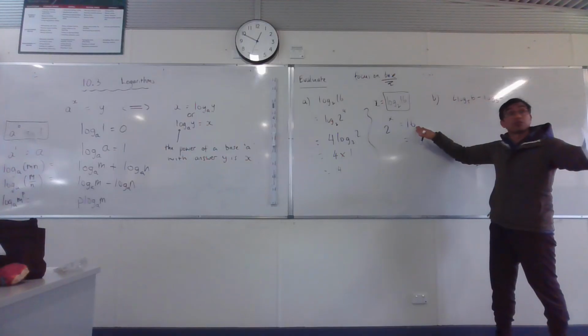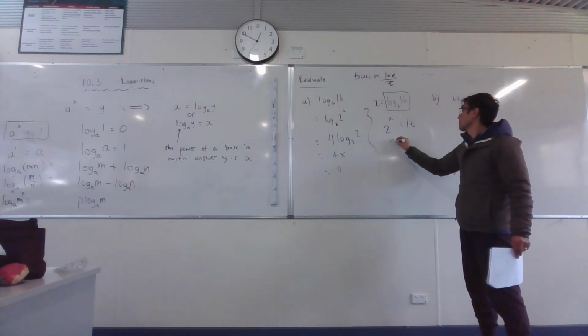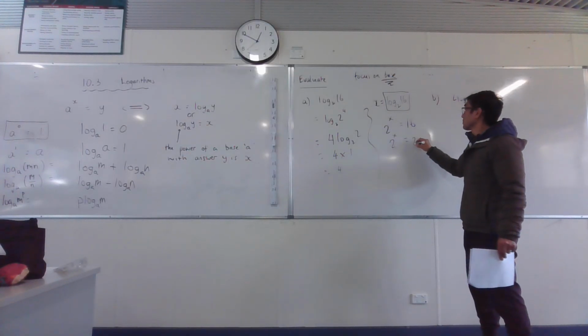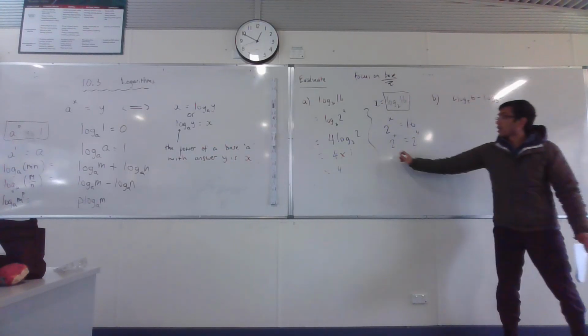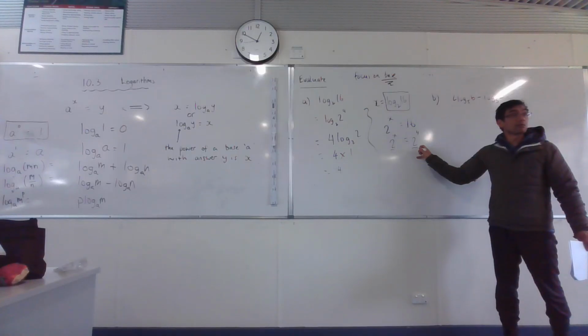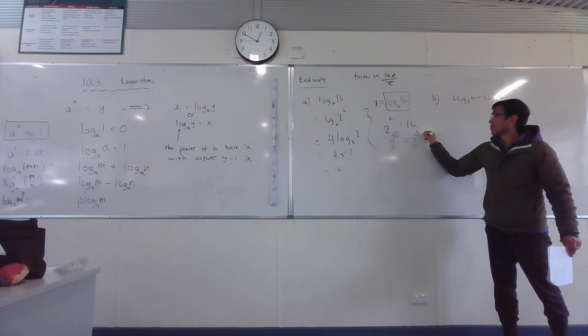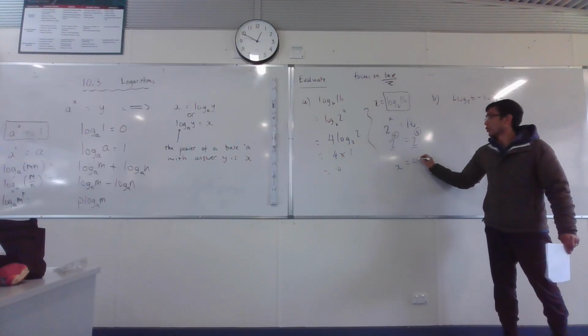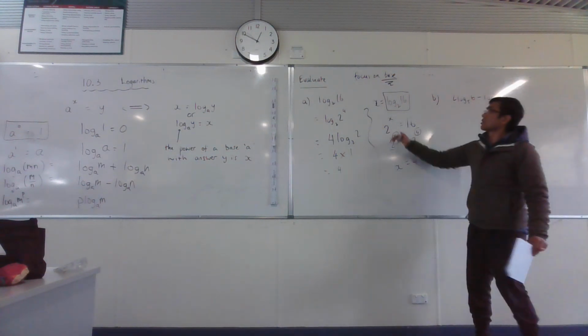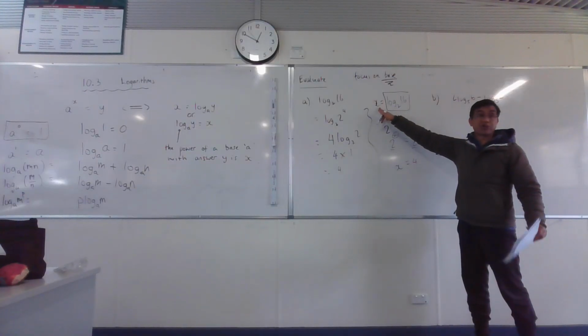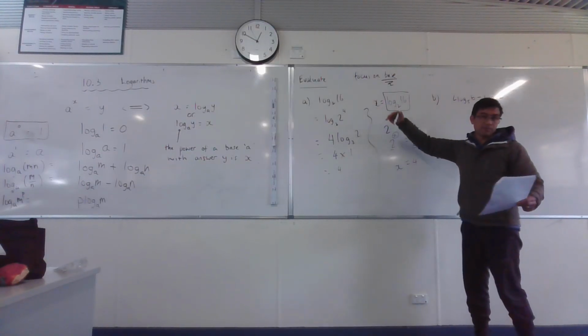What can 16 be rewritten as? 2 to the power of 4. And if we now have the same bases, we can equate the powers. Our unknown is 4. But in order to do this, you've got to make it equal to an unknown x.